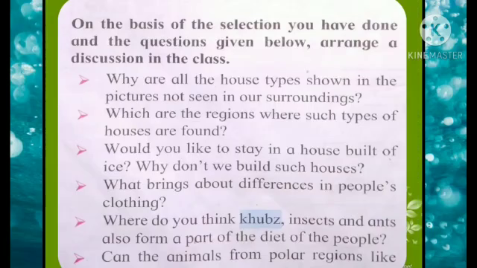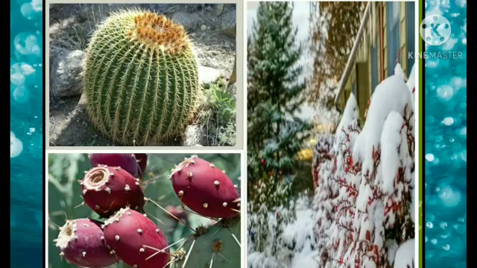Now, are all the plants shown in the pictures found in our surroundings? If not, where do you think they can be found? Now, children, there are so many types of plants shown. There are particular plants that grow in the snow, while some grow in the desert.